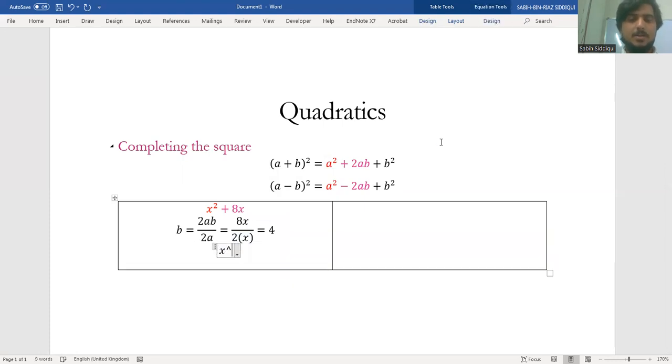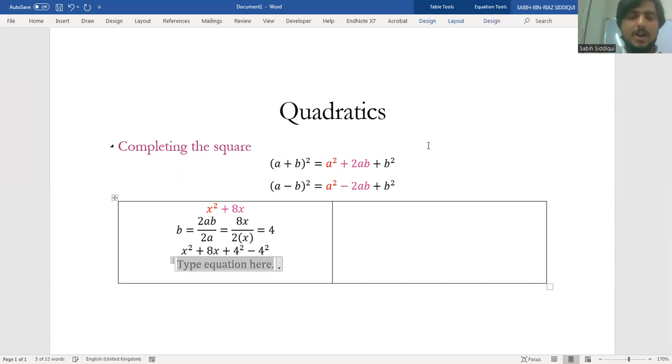Once we get our b, we add the square of b in order to complete the square. Because we're adding something to an expression, that technically changes the entire expression. In order to balance that out, to make sure that we are only changing the form and not the expression itself, we subtract the square of 4 as well. So what do we end up getting? We get a square plus 2ab plus b square.